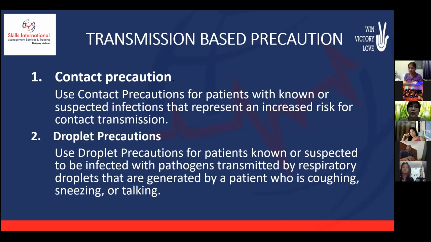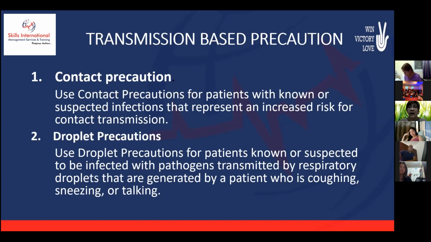We have 3 transmission-based precautions. Number 1, we have the contact precaution. Use contact precautions for patients with known or suspected infections that represent an increased risk of contact transmission. Yung sinasabi natin na masyado tayong close, nagkakaroon tayo ng, during that closeness, you might get infected or the bacteria will be transferred to you.